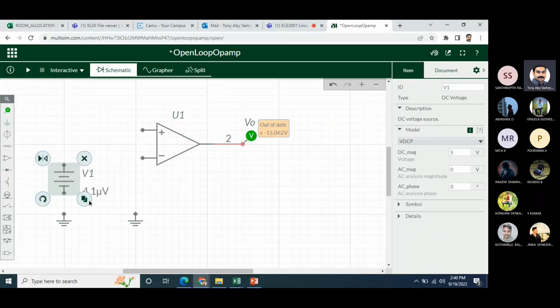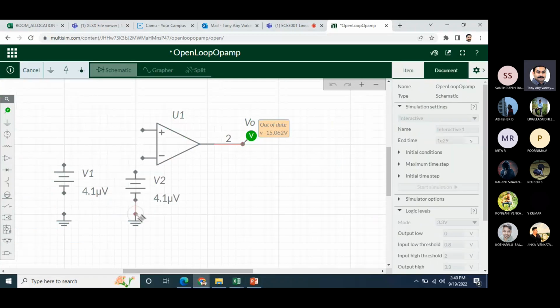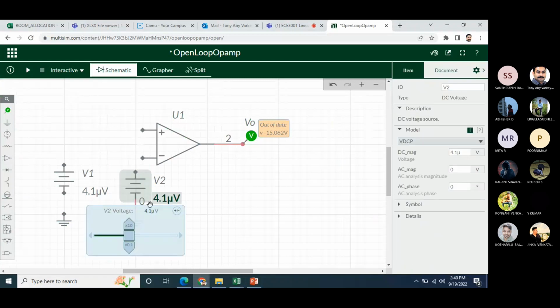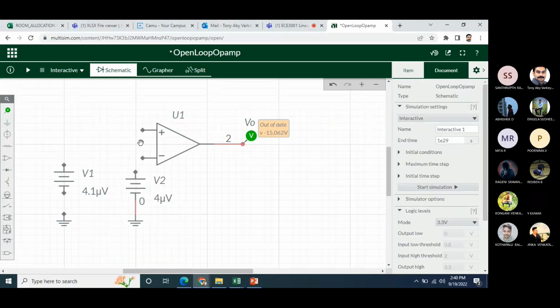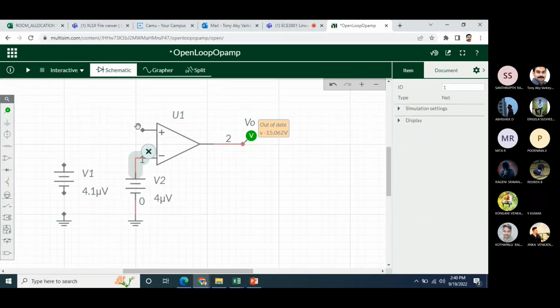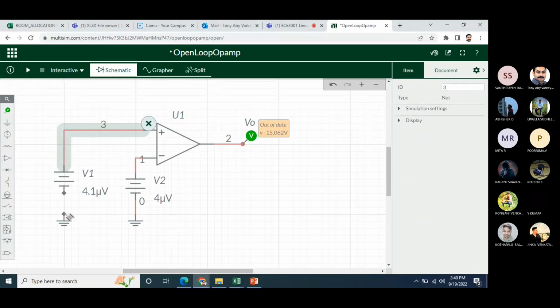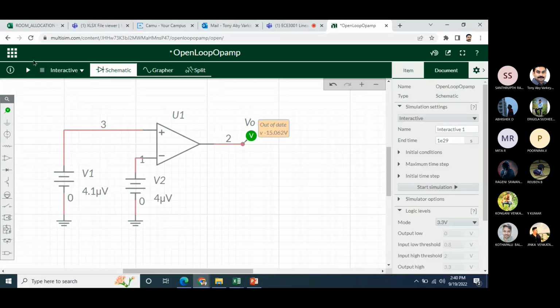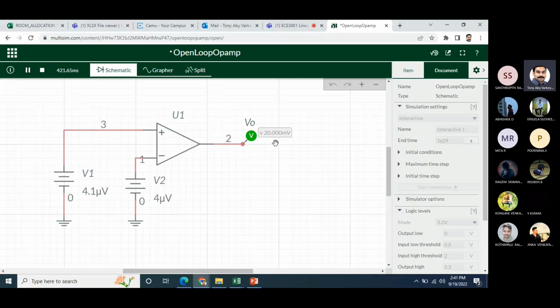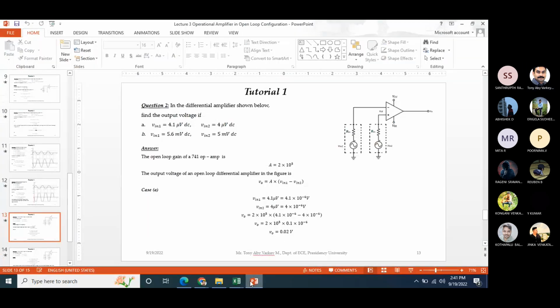And to the inverting input terminal, I am connecting 4 microvolts. Okay, so you can see 20 millivolt. 20 millivolt means 0.02 volt. That is what we have got here.